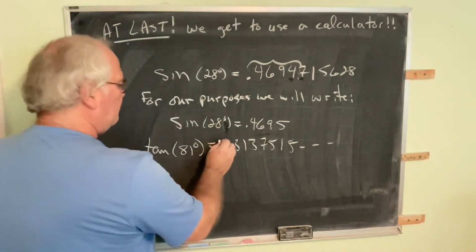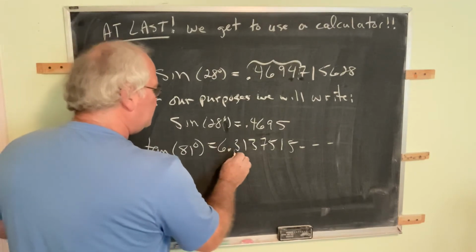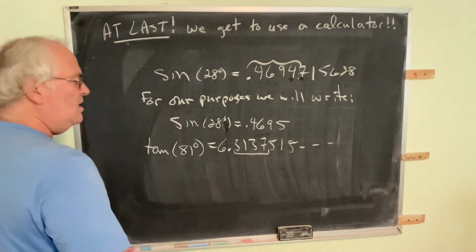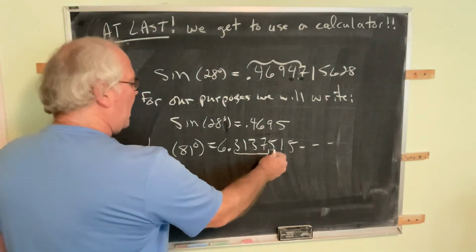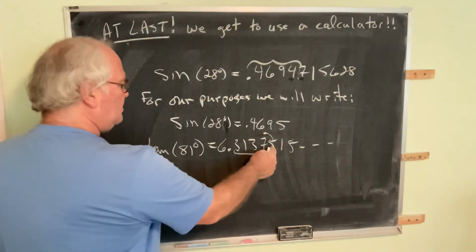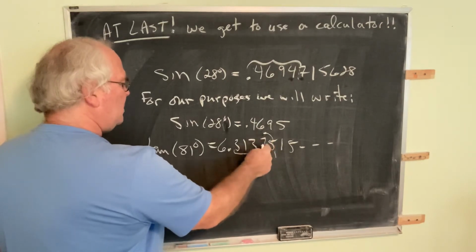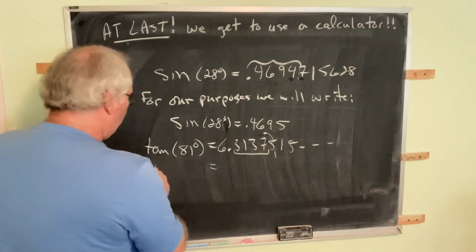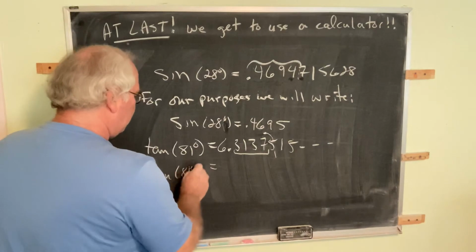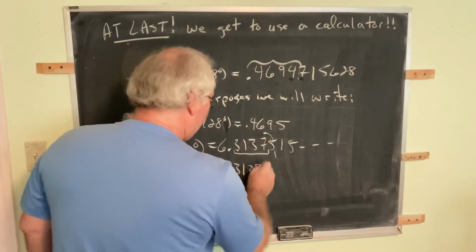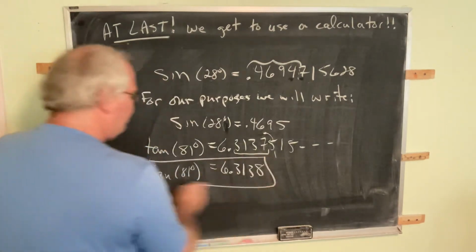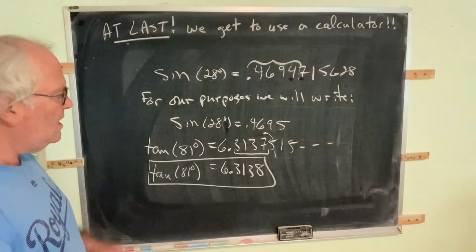Round it to 4 decimal places, 4 places after the decimal. Since this is 5, you round this up. 0 to 4, you round down. 5 to 9, you round up. So we will use tangent of 81 degrees is equal to 6.3138. That's going to be our value that we will use.